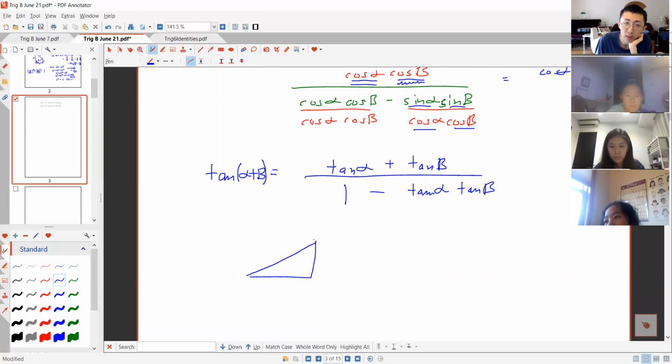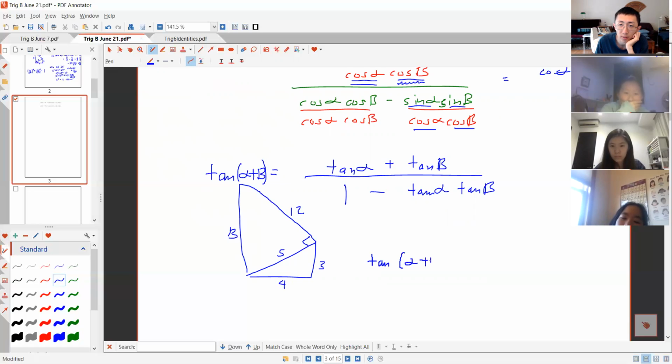So, let's just do it with our other triangle here. So 5, 12, 13, 4, 3. So tan of alpha plus beta is, I'll write down the formula again, tan alpha plus tan beta over 1 minus tan alpha tan beta.